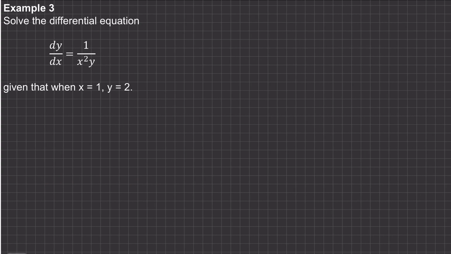Okay, so finally in example 3, now we've been asked to find the particular solution of the differential equation. So we've been given x equals 1 and y equals 2, and these two values will allow us to find the value of a constant term. So again, if we separate the variables, we'll move this division of y to the right side and this dx to the left-hand side.